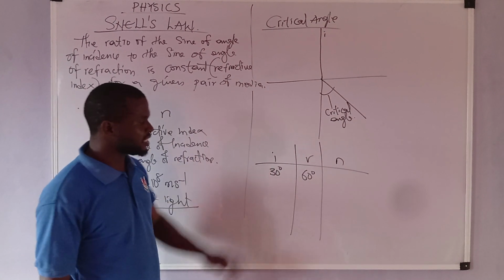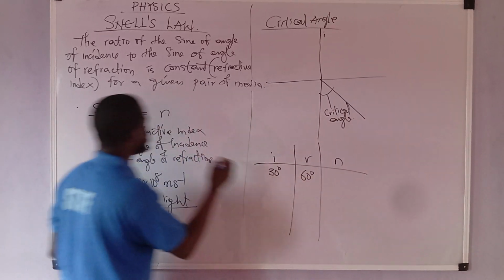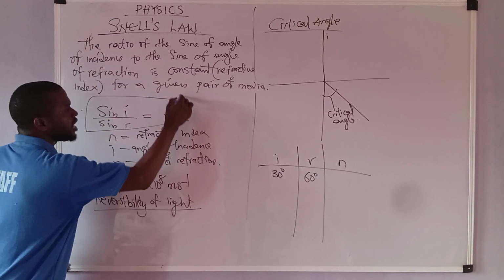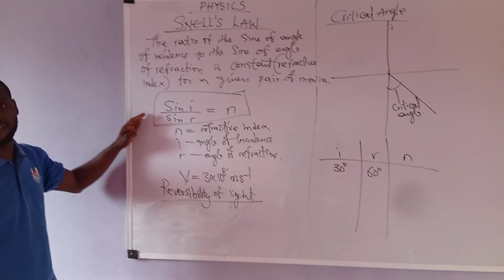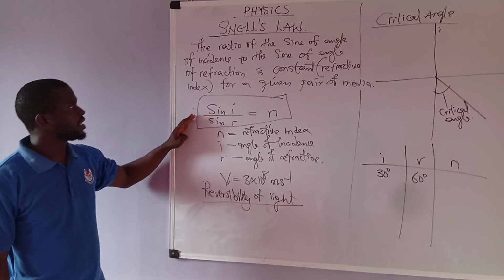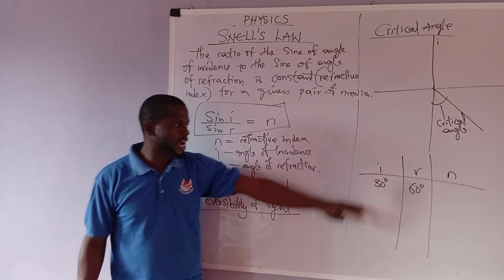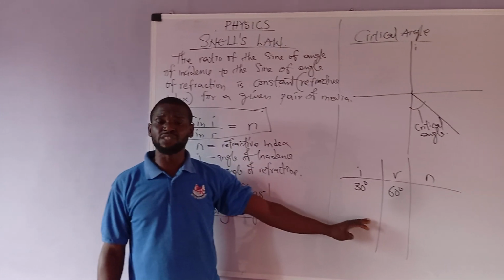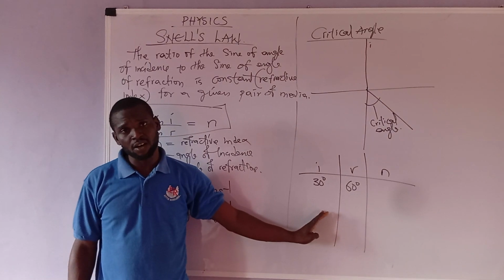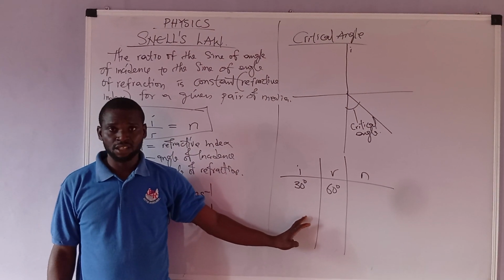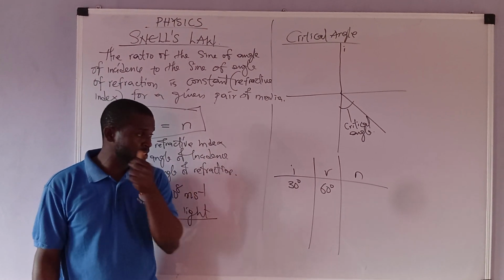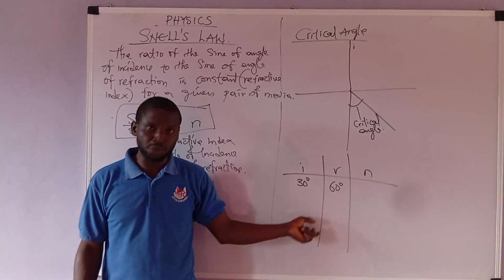Then to calculate the refractive index, you simply use Snell's formula that we derive from Snell's law. This is very common in physics practicals on light. You can also see it in physics objectives.